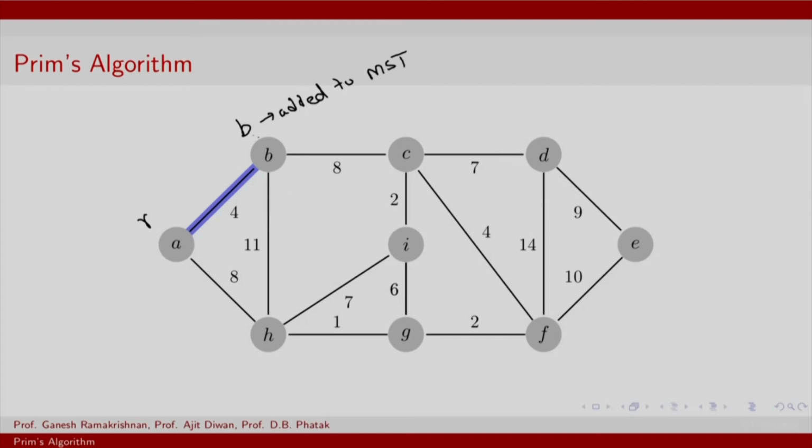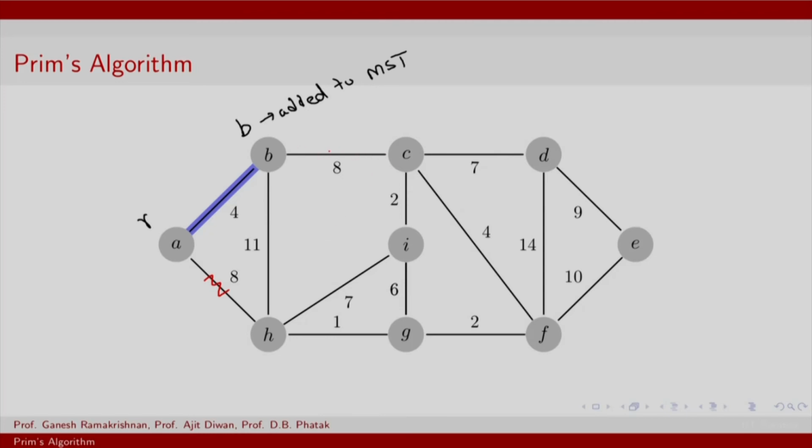What you do next is update the key for all the other nodes, and here are the new keys. H has a shorter edge to A as compared to that to B, so we will update this.